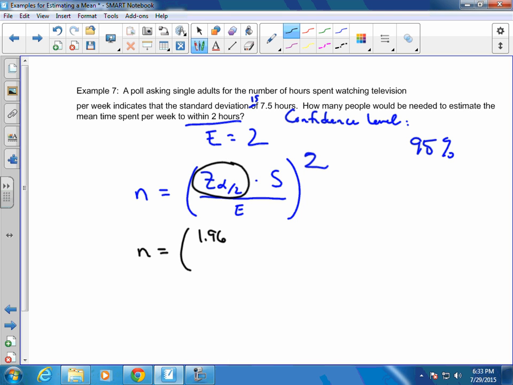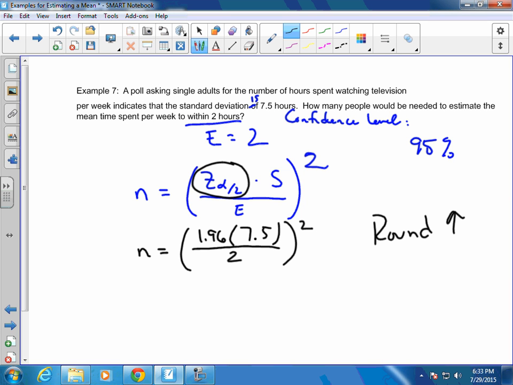Again, I know that because I do this enough, I remember that, but you can go back to table 5, and on the bottom of it are the critical Z scores. Our estimate for the standard deviation there is 7.5. We want our margin of error to be 2. Same thing as before, we're going to round up.